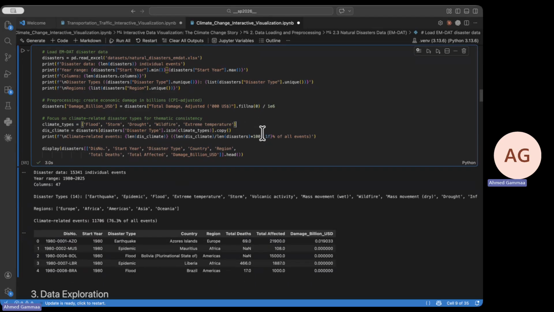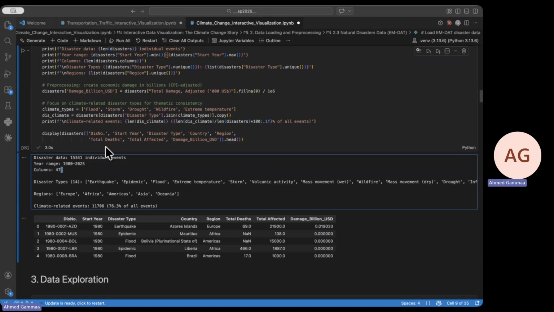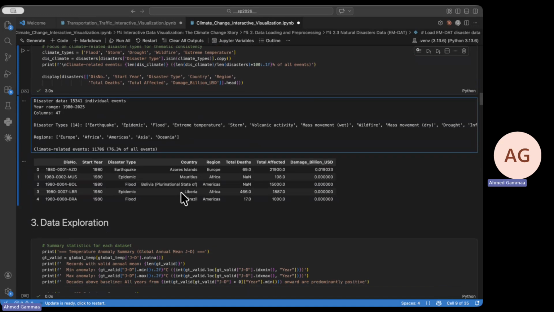And the result is simple. We have now like 15,000 total events from 1980 to 2025, with 47 columns. These are the whole disasters, and those are the regions, and so on.